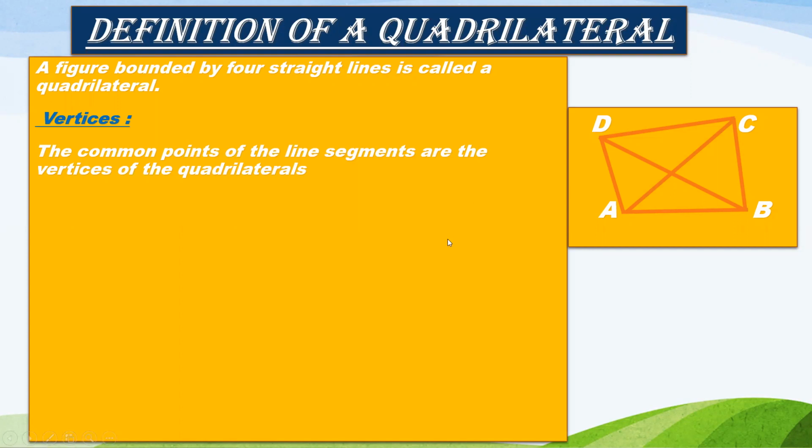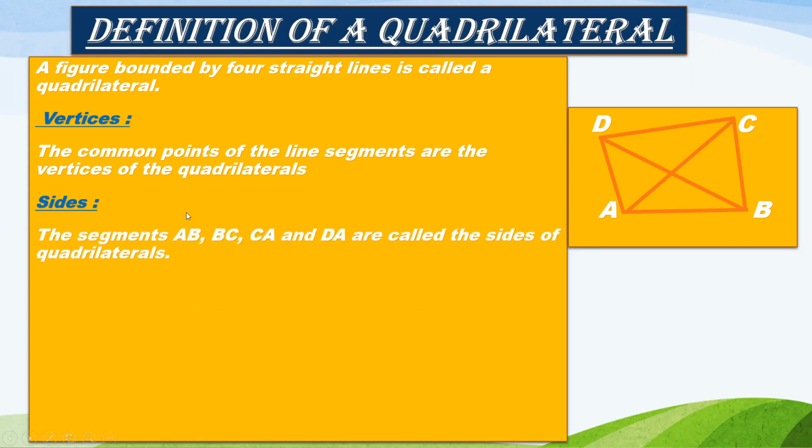Okay. Now, sides of quadrilateral. The segments AB, BC, CD, and DA are called the sides of quadrilateral, like AB here, BC, CD, and DA. These are called the sides of quadrilaterals. Now, what are the opposite sides of quadrilateral?